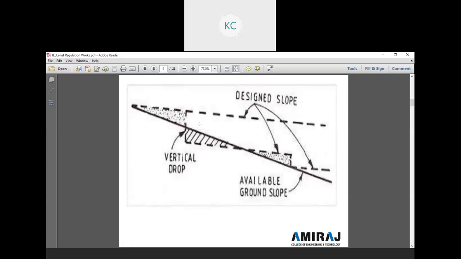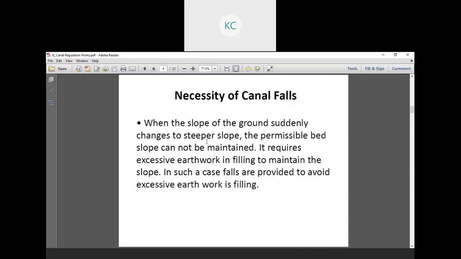To minimize such phenomena, the vertical drop is provided, just to slow down the velocity of the water and provide a suitable design discharge.